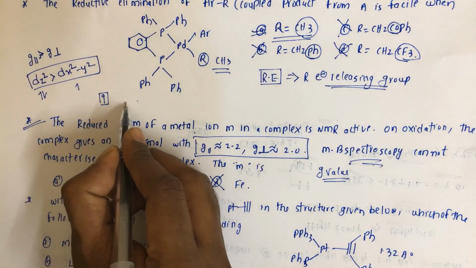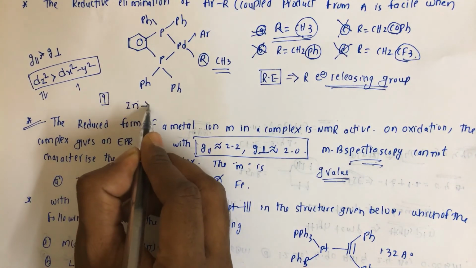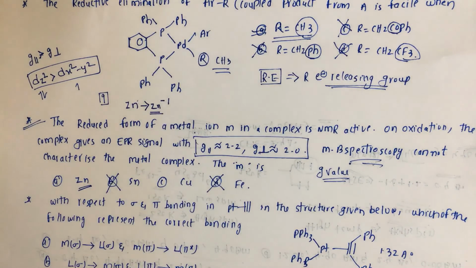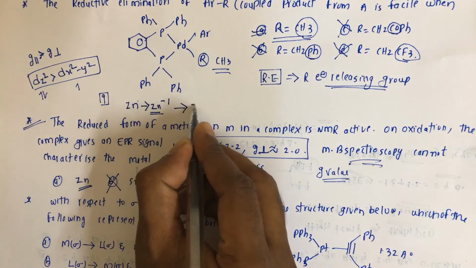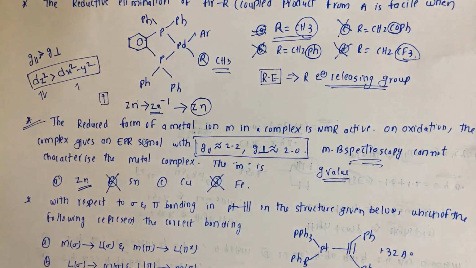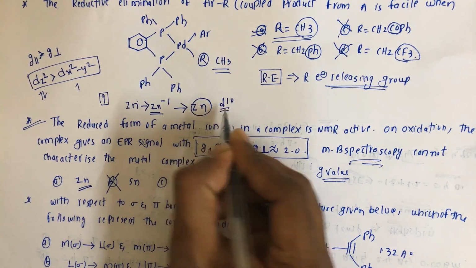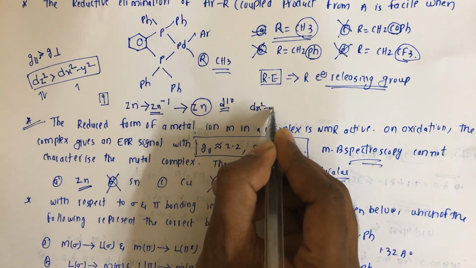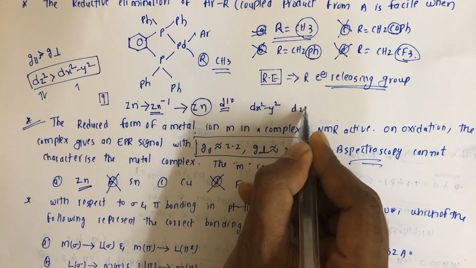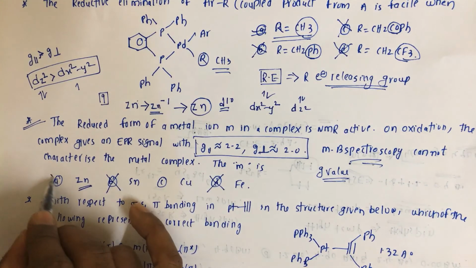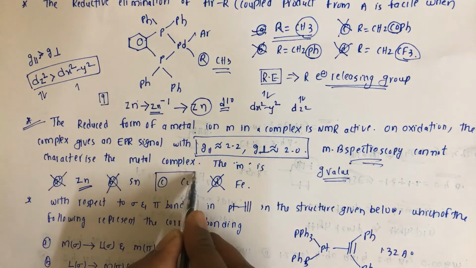Imagine that we have zinc, so we are reducing from zinc to zinc minus 1. So they are saying that this is NMR active. So upon oxidation we will get back to zinc. Okay, so this is a d10 configuration. That means dx square minus y square and dz square both have 2 electrons. Okay, so from this we can remove this also, and the only option left is copper.